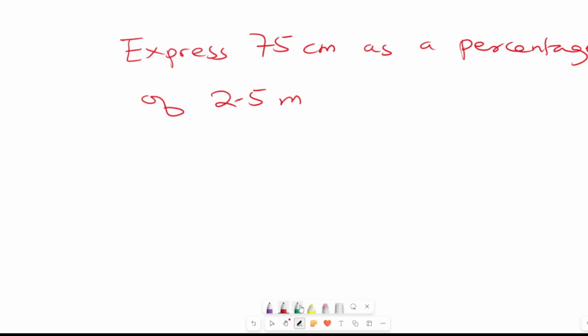The problem is that for us to be able to express one quantity as a percentage of another, both quantities ideally must be in the same unit. But as you can see, we have centimeter here and we have meter here. So before we can proceed, we first have to bring them on the same level.